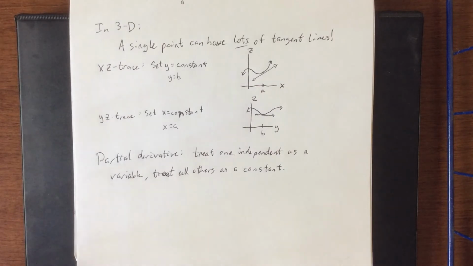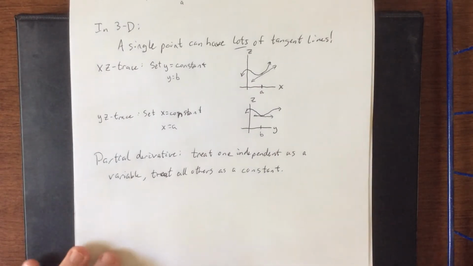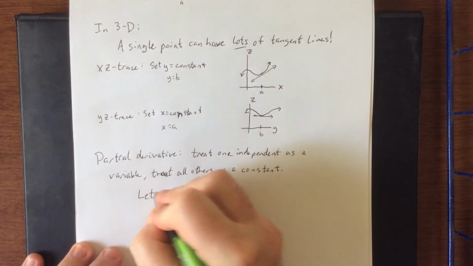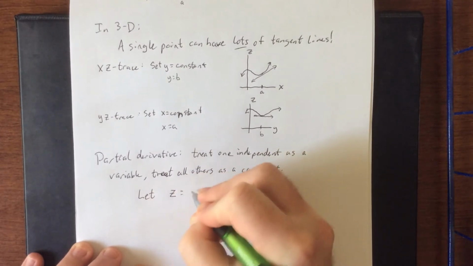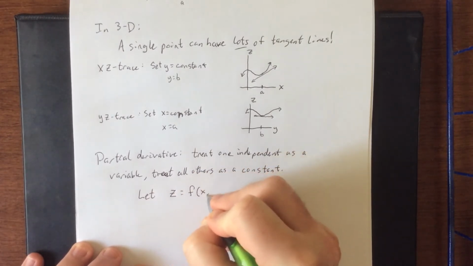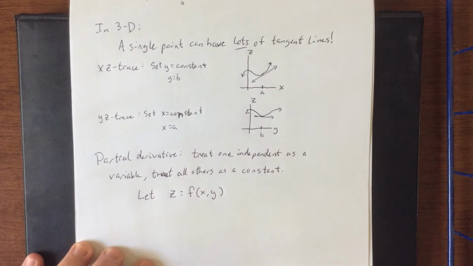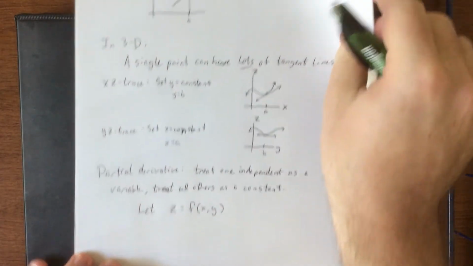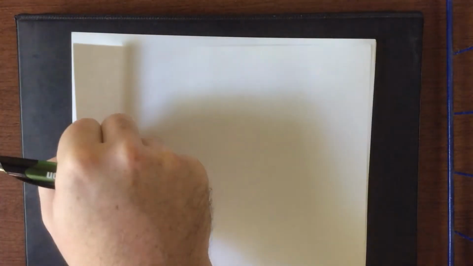So what we'll do is we'll bring out the formal notation that we use for each of these. So suppose we'll start with the most basic case, the function of 2 variables. We will let z be equal to f of x, y. I'm going to flip the page over, and we're going to define what partial derivatives are.